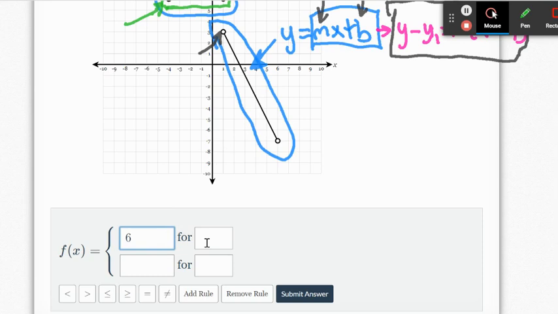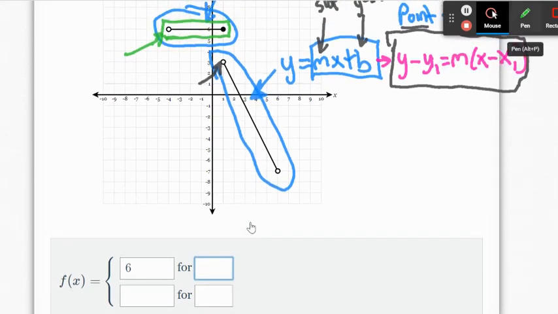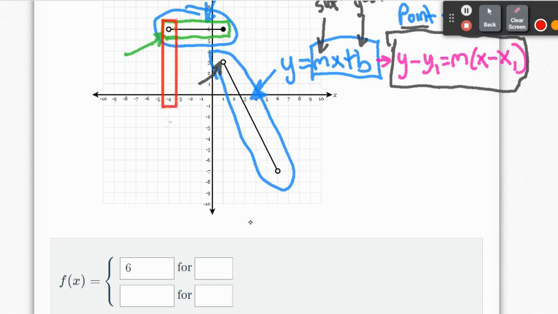And then over here is the rule for what? Well, for any x values that go from this leftmost piece, which is -4, to the rightmost piece, which is 1. You see that it does include 1 with a solid dot, and does not include -4. We want to talk about all the x values in between there. So that's parentheses, solid shading, and then a bracket, from -4 to 1.